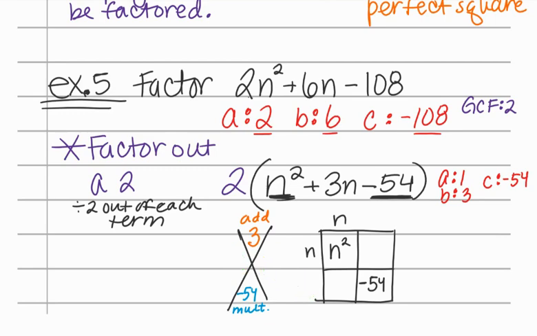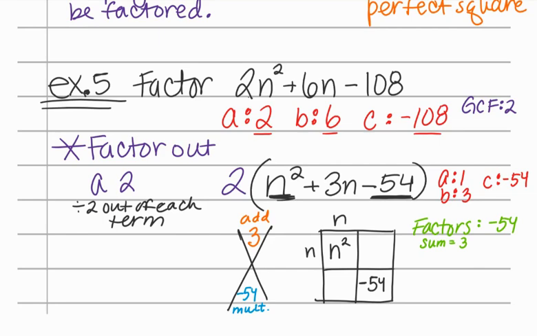Okay, so let's come up with our factors. I need the factors of negative 54, and the sum is going to equal 3, right?